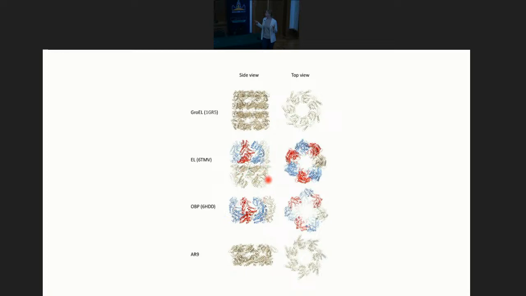So you kind of see that, although this is a double-ringed structure and this one is single ring, they have this similarity in the different subunit conformations. But again, the double and single ring is a big difference, so we cannot put them together.